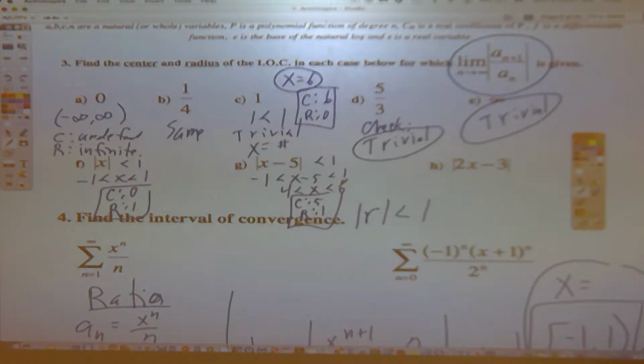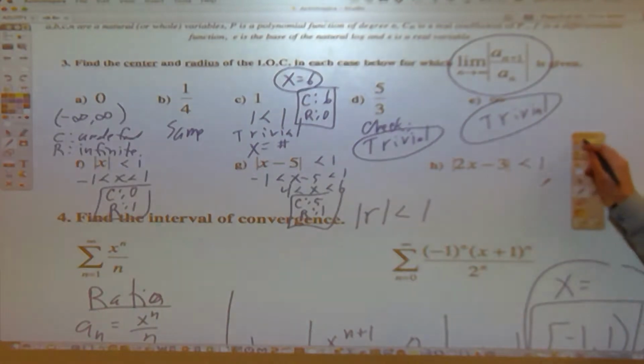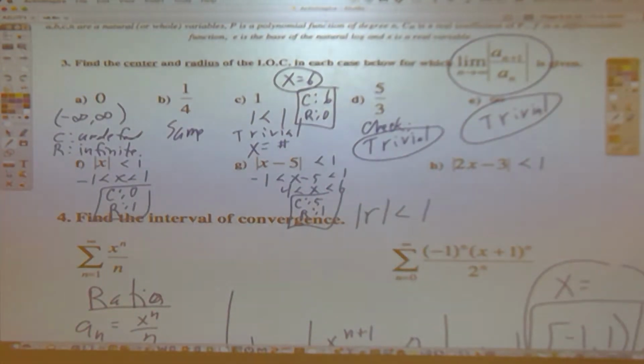Try letter H on your own. Suppose your limit comes out to be this, using the ratio test. Find the center and the radius of the interval of convergence.